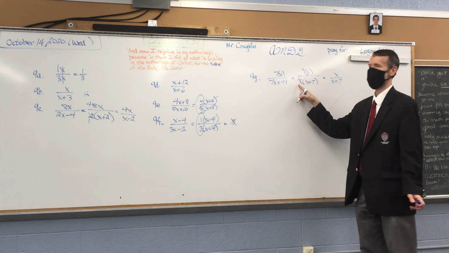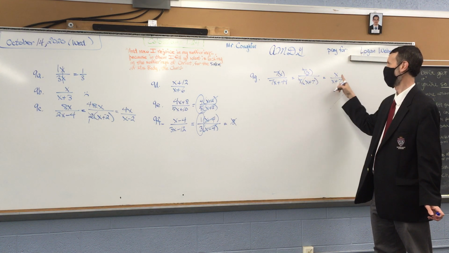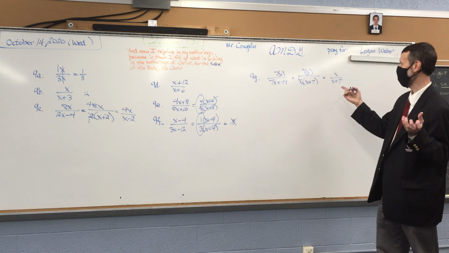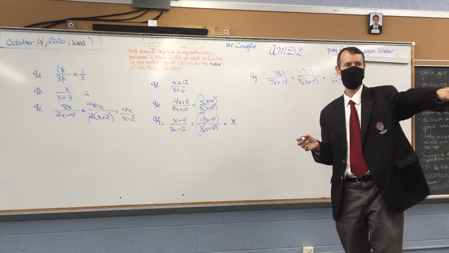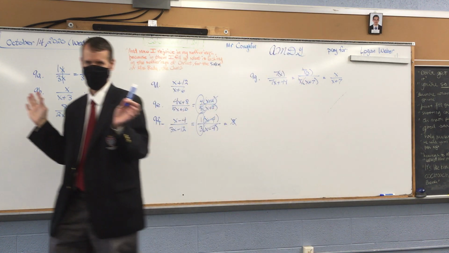It might make it easier to see that the 7s cancel and there's an x left. It's optional, but if it helps, you can put parentheses anywhere when it's multiplied. Everybody good on 9G?